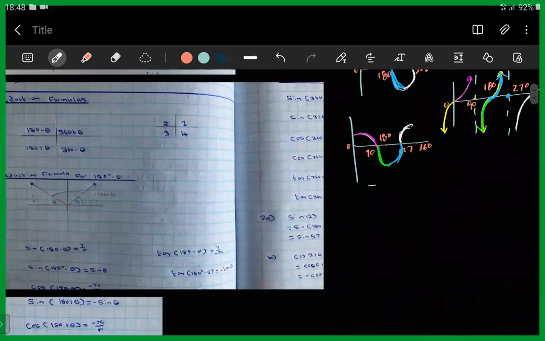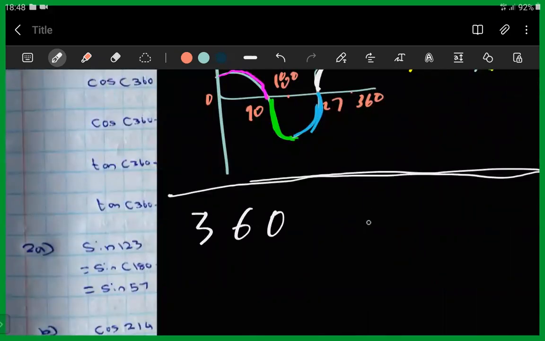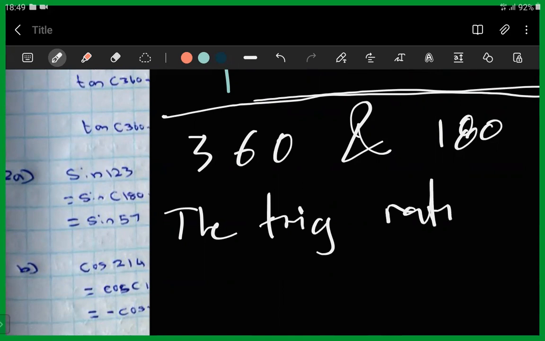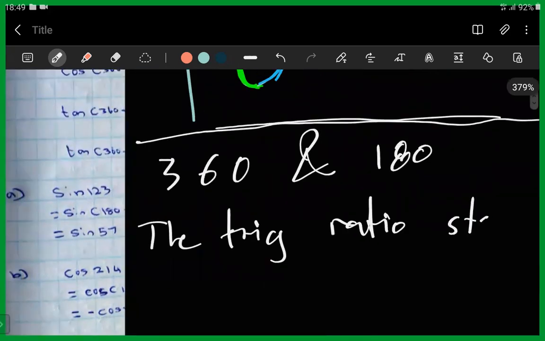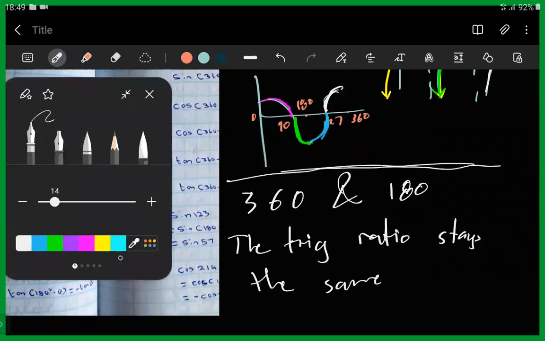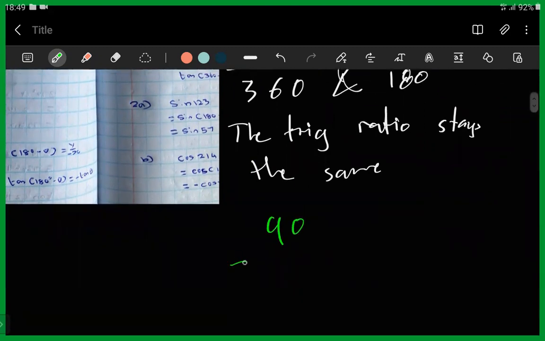So you have to just remember that when you work with 360 and when you work with 180, the trig ratio stays the same. That's the first thing to remember. Anytime you work with 180 plus or 180 minus or 360 minus or 360 plus, the trig ratio stays the same. For 90, that's the only place where the trig ratio changes.